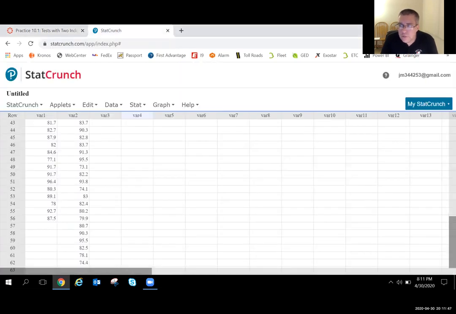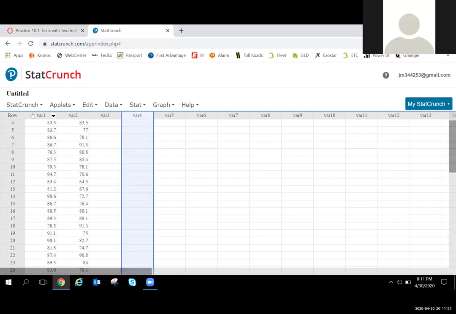So okay, now we want to find what? We want to do the standard deviation for team 1, and so I need to get the mean, the standard deviation, and the sample size, which for this one is 56 and this one's 62. So I just need the standard deviation.